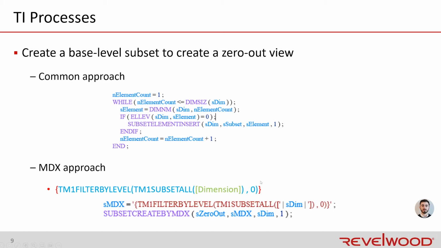We can do that with one line of MDX, and very quickly that becomes the entire subset. So instead of doing the whole loop and the if checks and the while loop and all of that, I can say, here's my MDX statement. You'll see here, I took the same MDX statement you see right above, and I actually plugged in a variable in there.